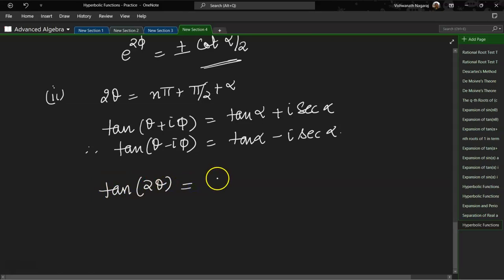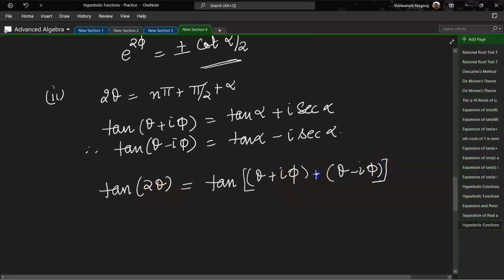Now we split it. We split the angle inside tan, so that we end up with 2 theta. So here we have theta plus i phi and theta minus i phi. Now what we have to do is plus or minus we have to put in such a way that we get 2 theta.